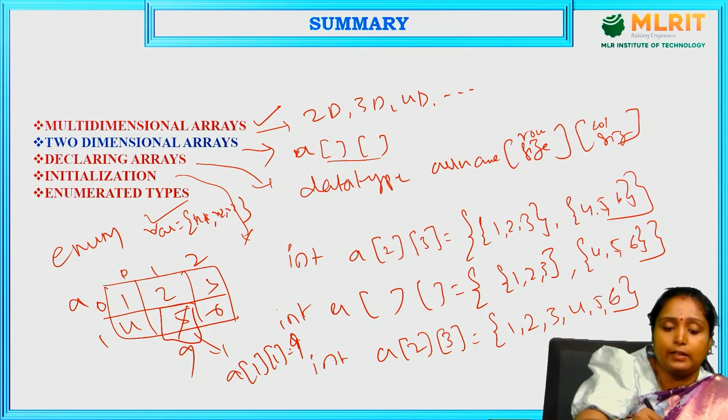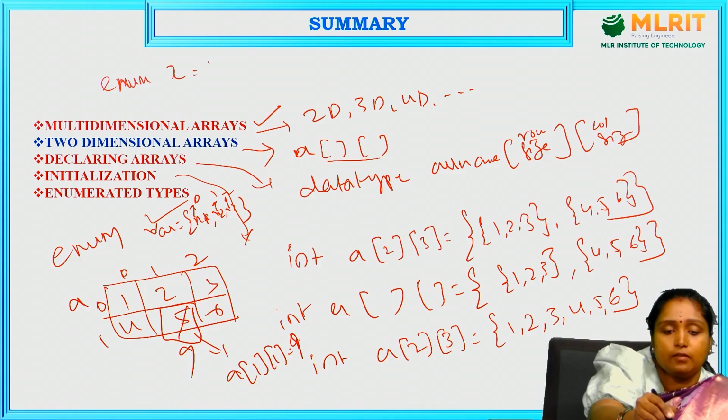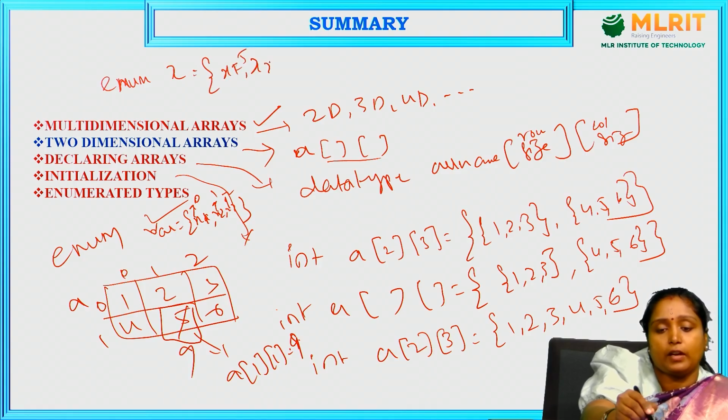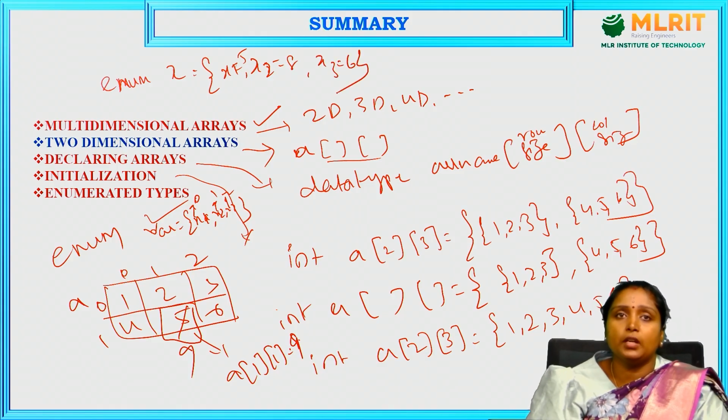By default, it will take values from 0, the next value is 1, the next is 2. Or you can have enum x with x1 equals 5, x2 equals 8, x3. You can give your own values. So this is all about this particular session. Thank you everyone.